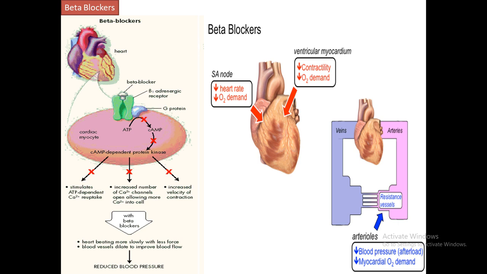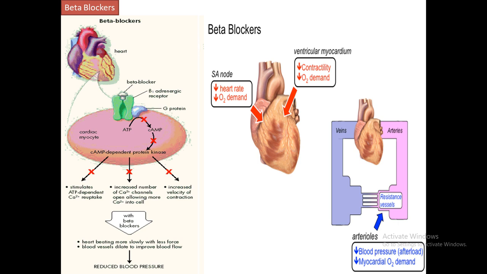But if you use the beta blocker, you can see that every step is closed. There is a red sign, ATP to cAMP formation is blocked, then automatically all the steps are blocked. So no calcium, no opening of the calcium channel, it decreases the velocity of contractility, so the heart beats more slowly with less force, blood vessels dilate and improve the blood flow and reduce the blood pressure.